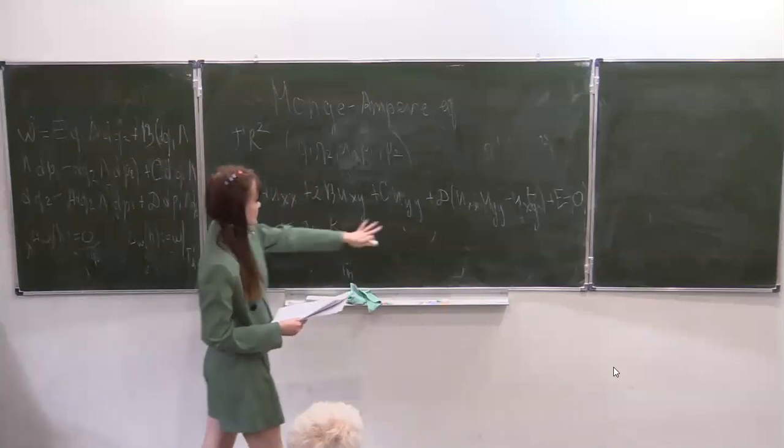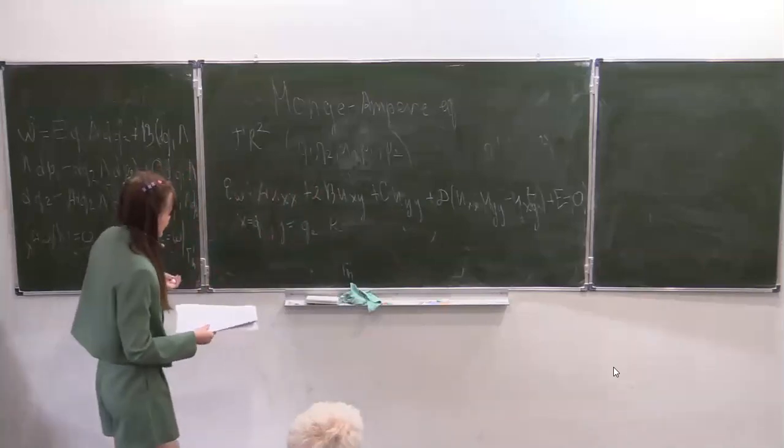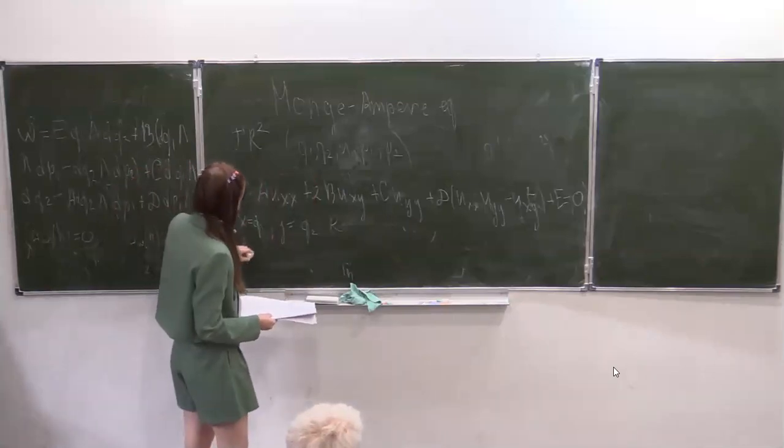It's the full version of the Monge-Ampere equation, and A, B, C depend on the space and have coordinates.